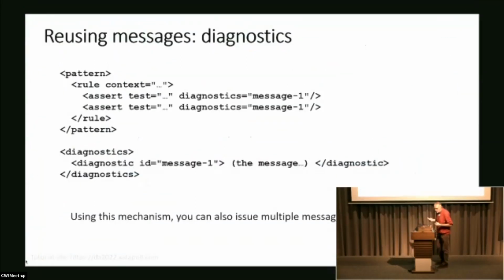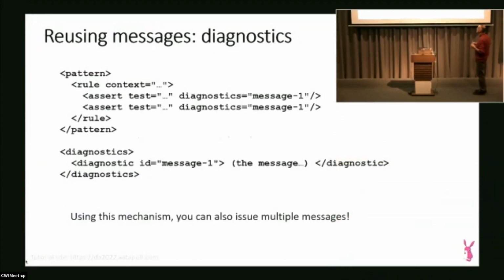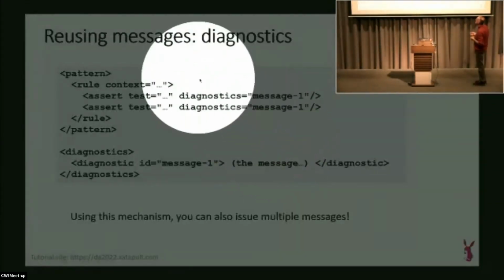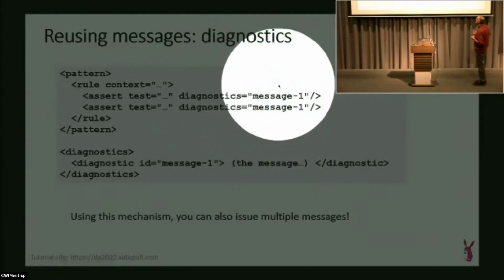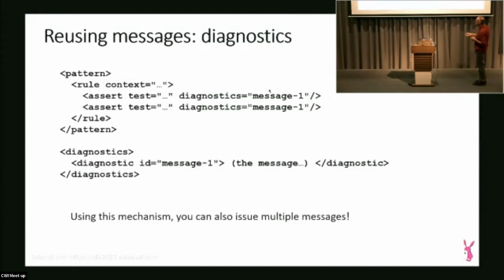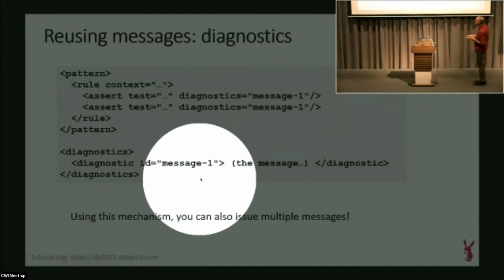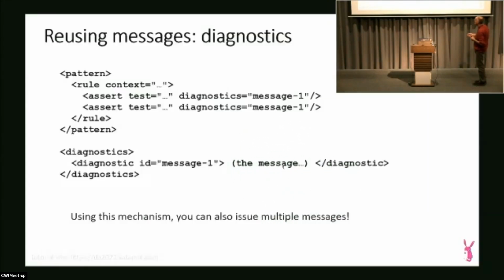in the assert, you use a diagnostics attribute, as up there, and you provide it with an identifier of a diagnostic, which you write at the bottom here. You have diagnostics, and the ID is message 1, and then there is the repeated message.